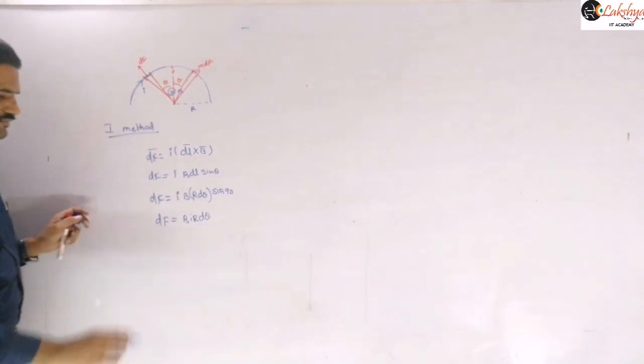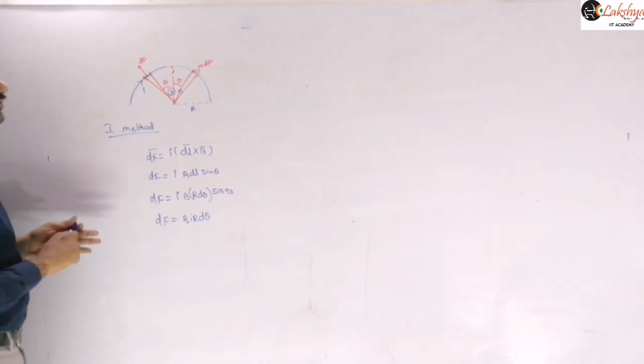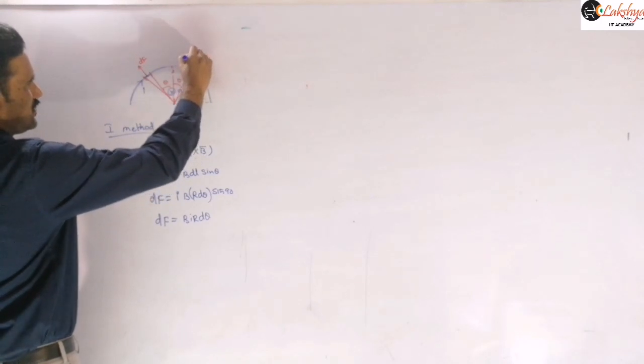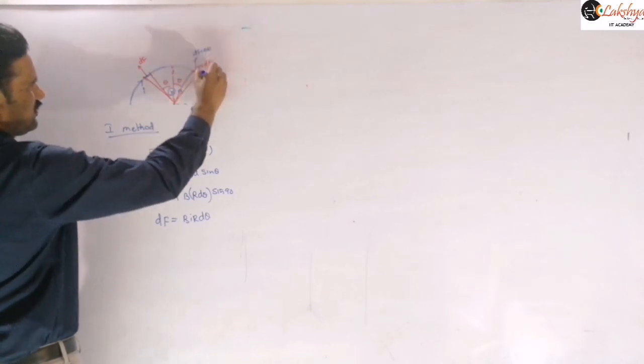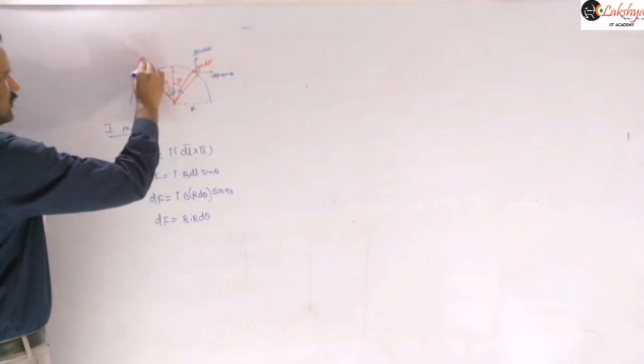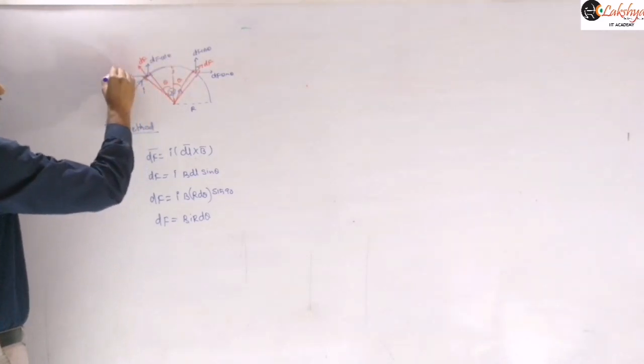And now the net force you can get by resolving into components: this is dF cos theta, dF sin theta, and similarly on the other side dF cos theta, dF sin theta.